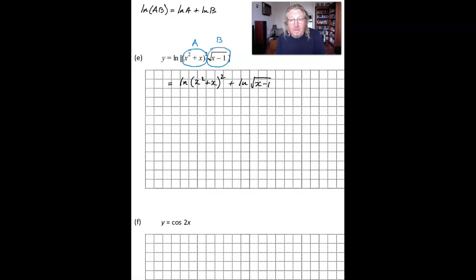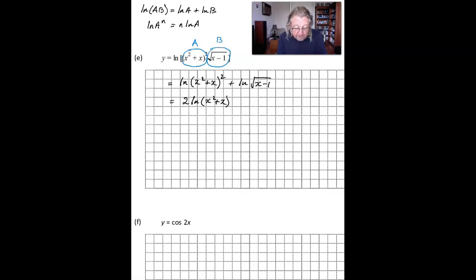Okay, now we can simplify that even further by using this log law. The log of A to the n is n times the log of A. So that means we can rewrite this as 2 times the log of x squared plus x. Sorry, that squared's not there now.